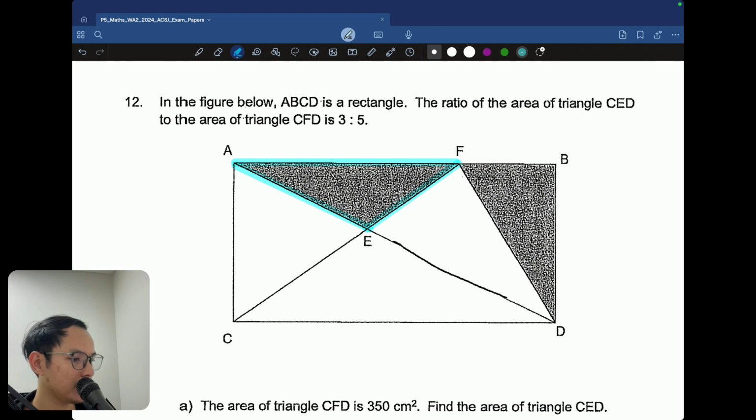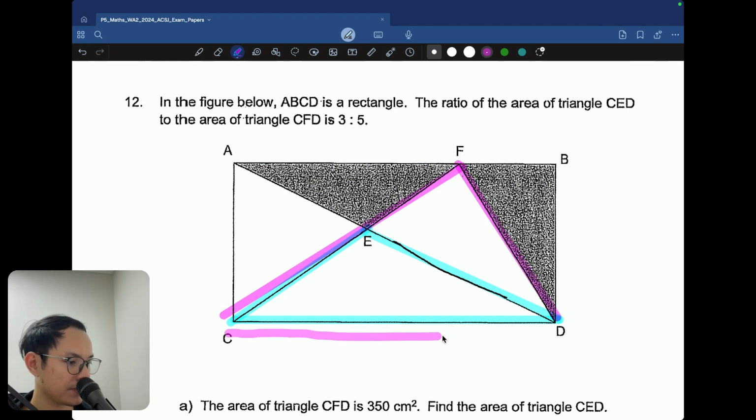So what's this? CED. Okay, so C, E, and D. Then we have CFD as well, so I'm going to put here C, F, and then D. Right, this one.